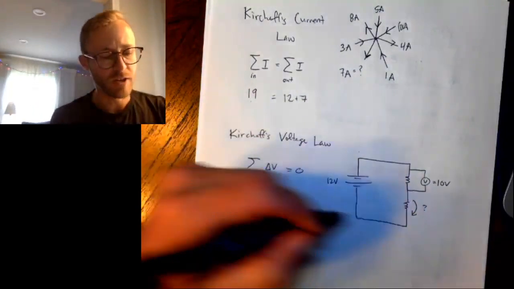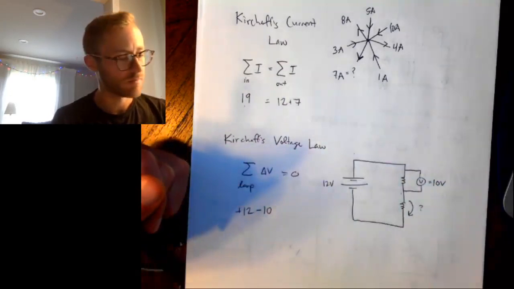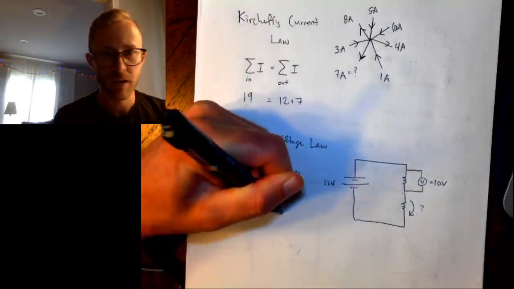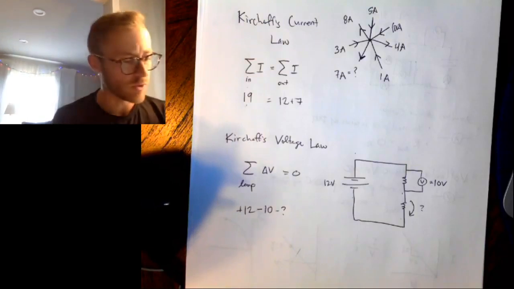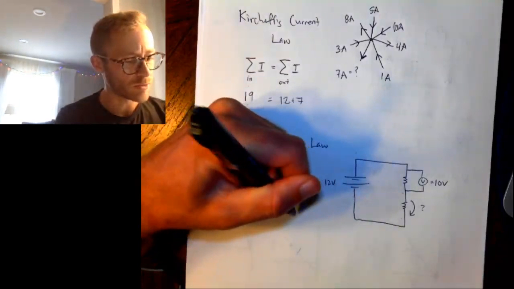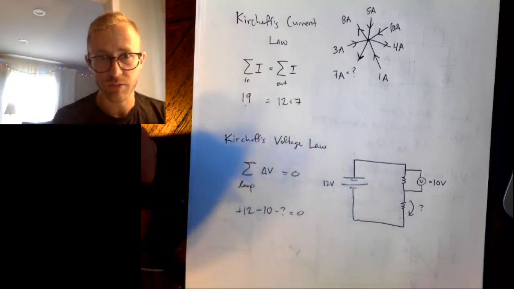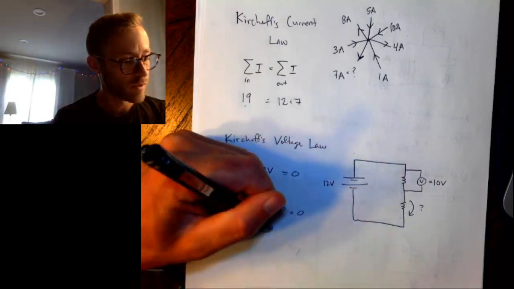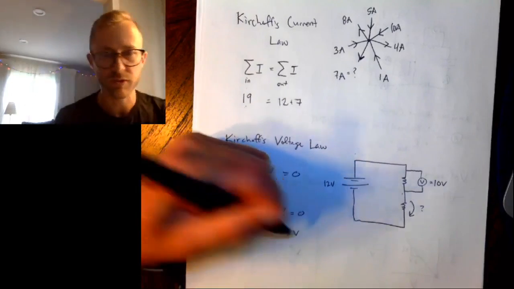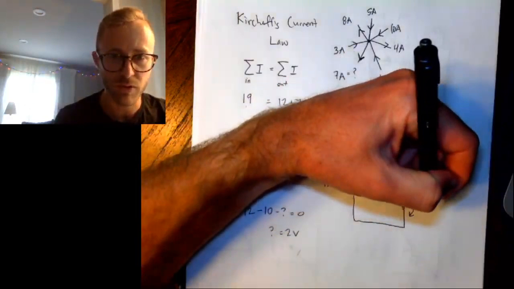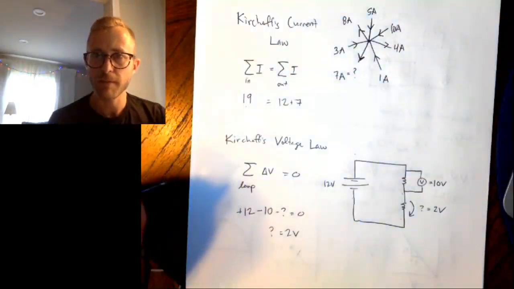And then I have an unknown drop across the other one, and all of that has to equal 0. So the unknown drop across that resistor would have to be 2 volts. So this is a 2-volt drop.